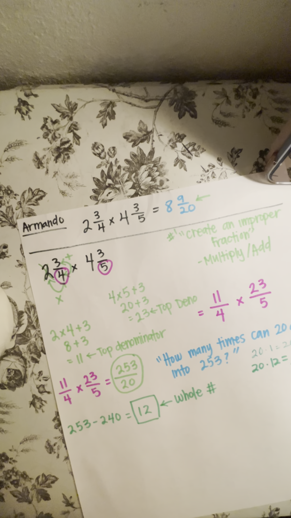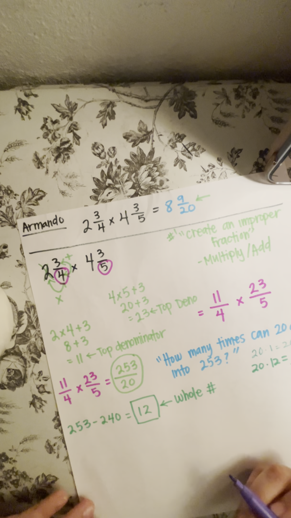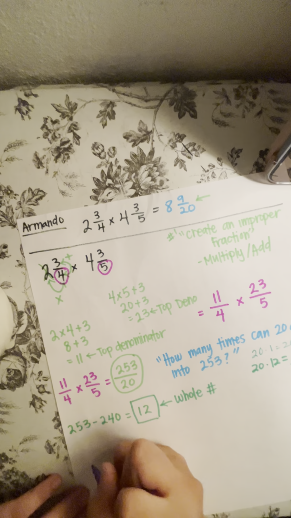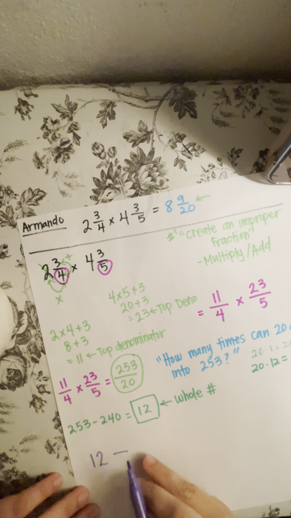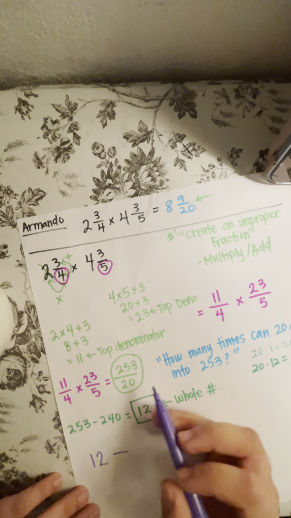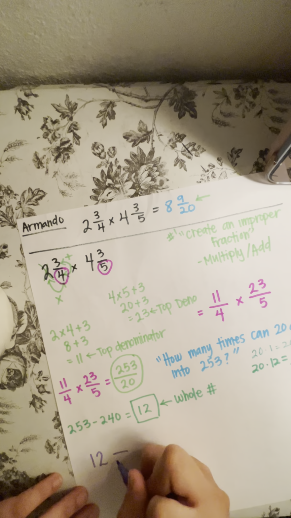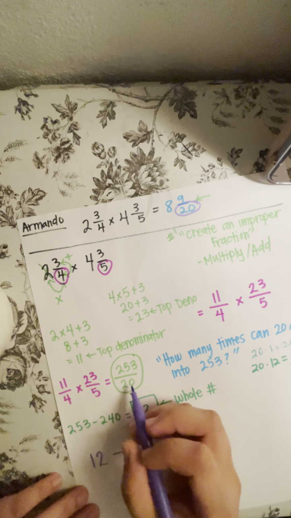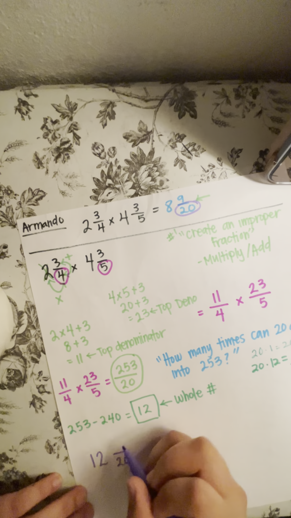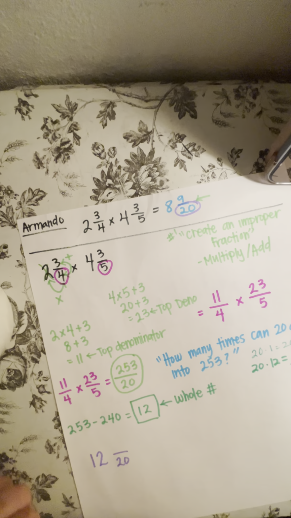Now this time, let's find the top denominator. So let's rewrite it over here. So we know 12 is the whole number. And as you said, the bottom denominator always stays the same. And you said the bottom denominator was 20, just like how you said it over here. Very close. So 20. Now let's find the top denominator.